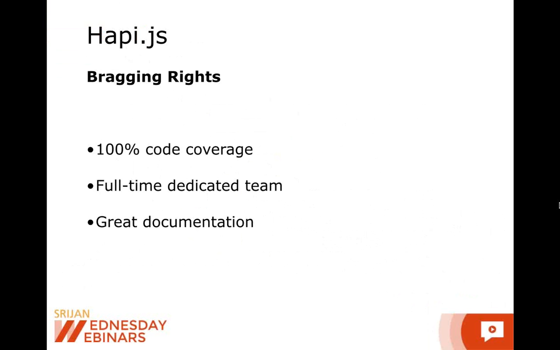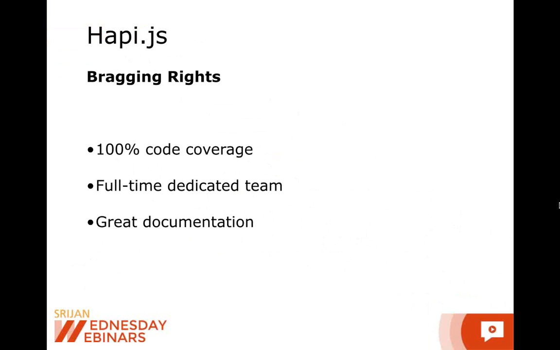Then the documentation of Hapi is great. Every little method, every little option, every little configuration, everything is documented, and they are all on the same page, HapiJS.com/API. You would find yourself going to that page a lot, and after some time you will not need to go, because the documentation and the code style is very consistent.